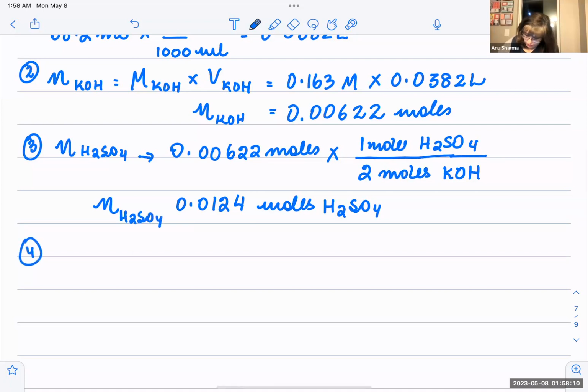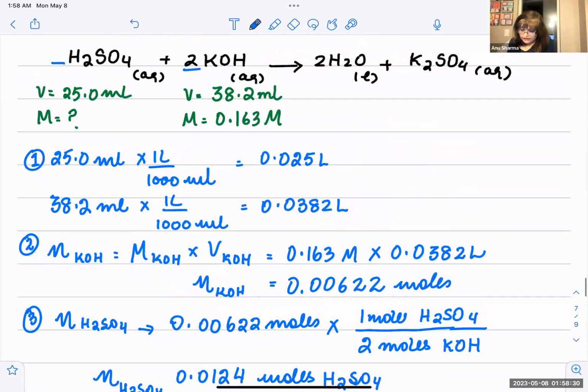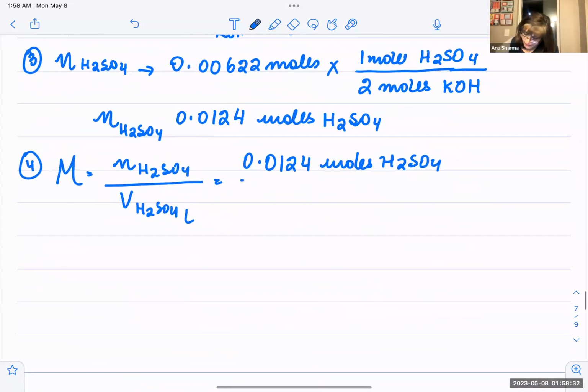Next is the molarity. Molarity is the moles of H2SO4 divided by the volume of H2SO4 in liters. So 0.00311 moles of H2SO4, divided by the volume, which is 0.025 liters.